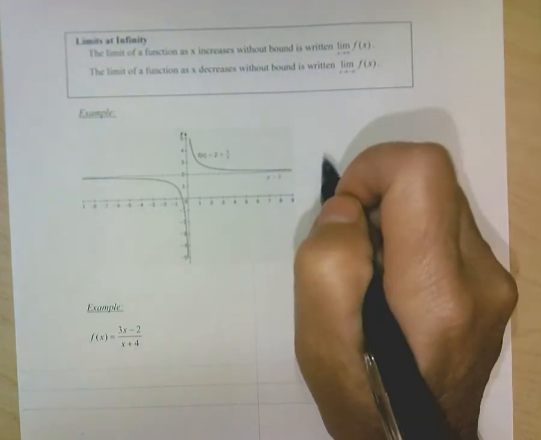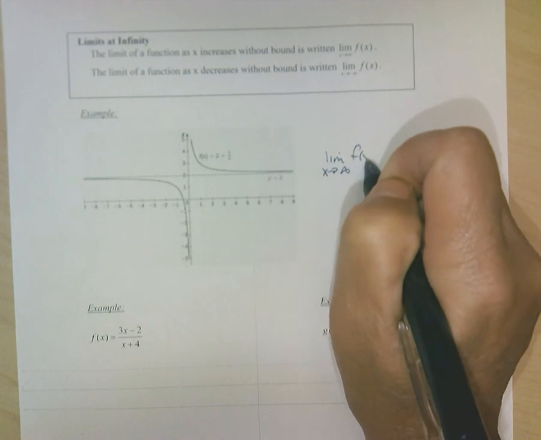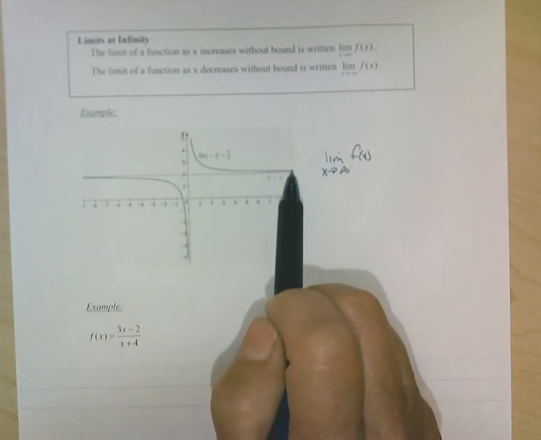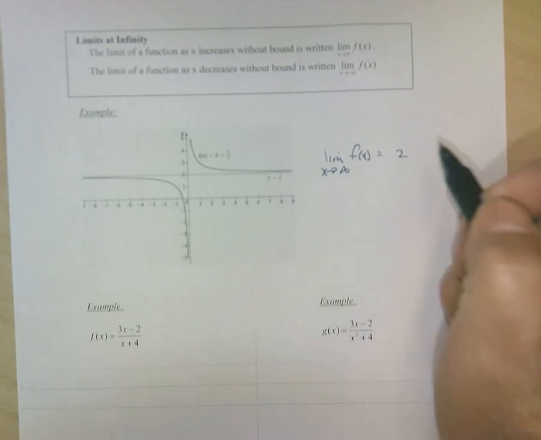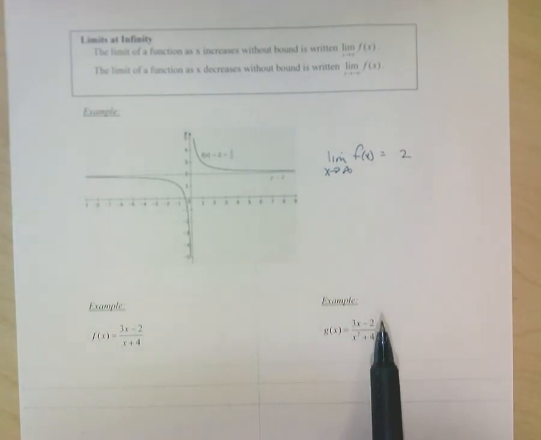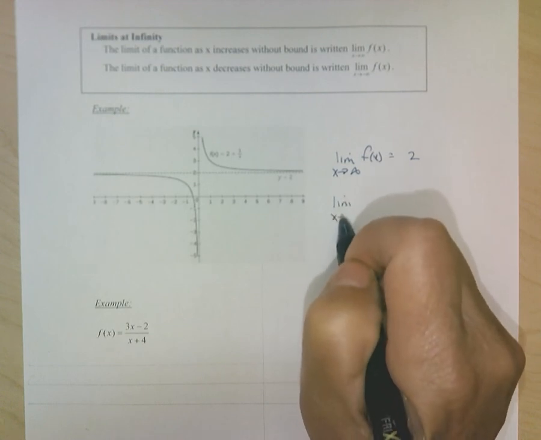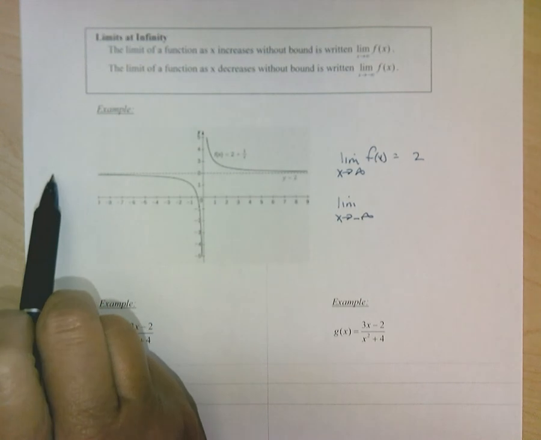The limit as x approaches infinity of this function, 2 plus 1 over x, is what's happening at the far ends to the right of here. So you can barely see it. The y value that this gets closer and closer to is 2. If I looked at the limit as x approaches negative infinity, what I'm looking at is what's happening as this goes further and further to the left.